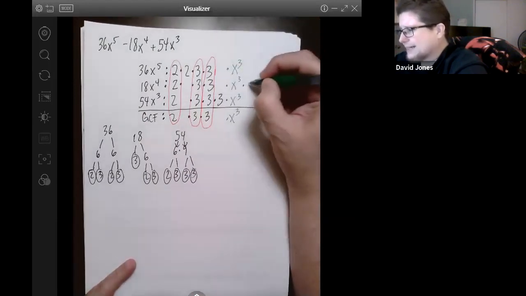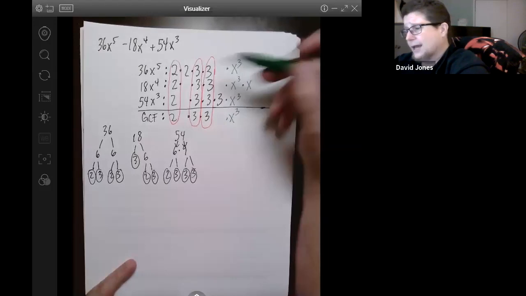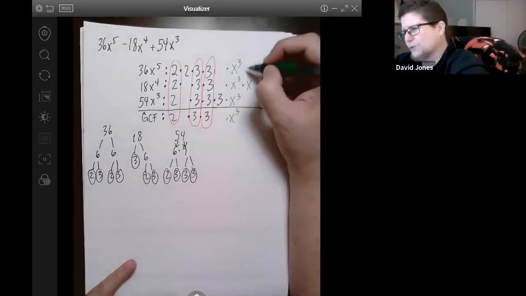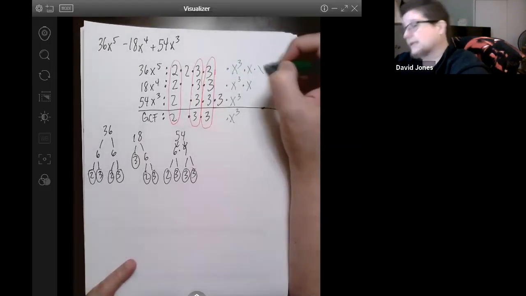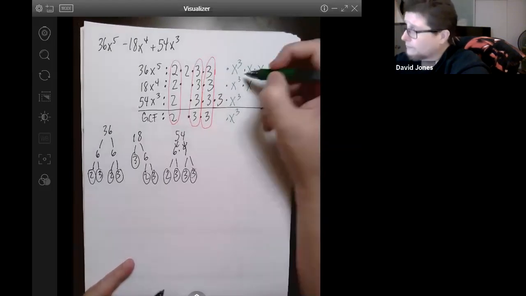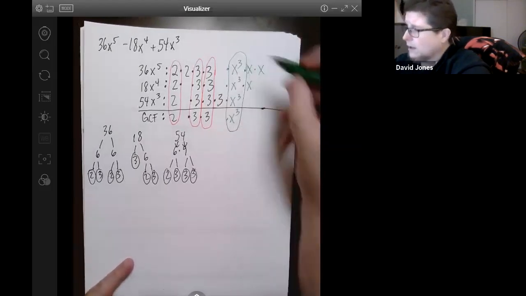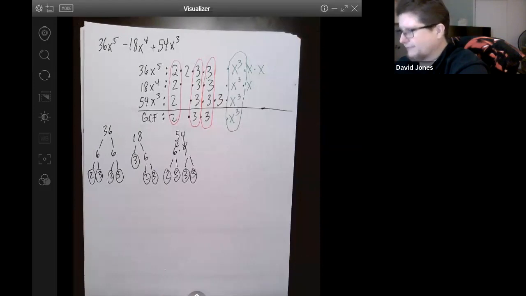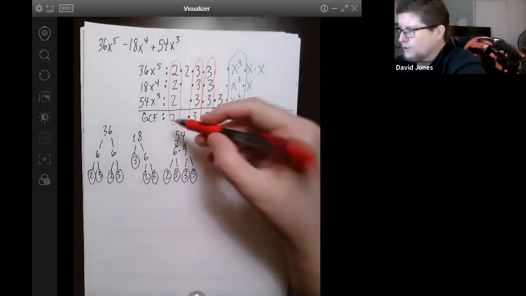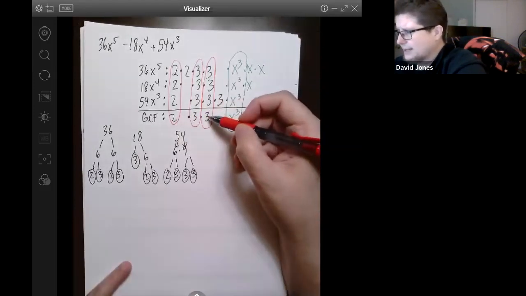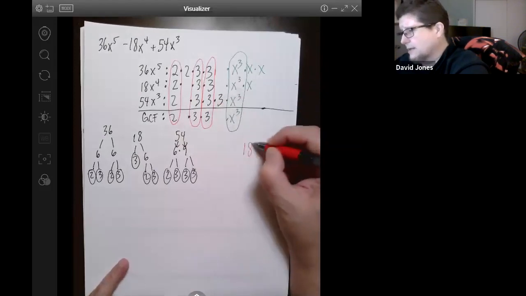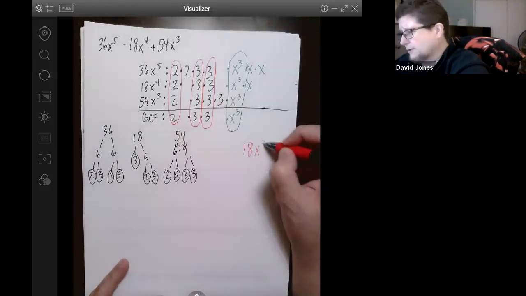I need another x. And x to the 5th needs 2 more x's, so x and x. So my GCF is 2 times 3 times 3 is 18, and x cubed.